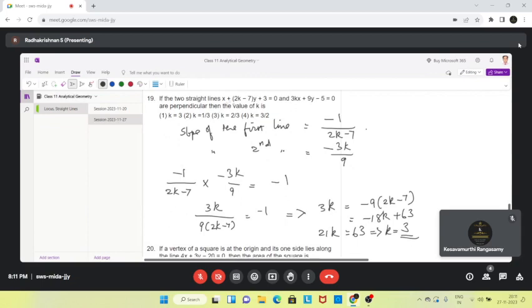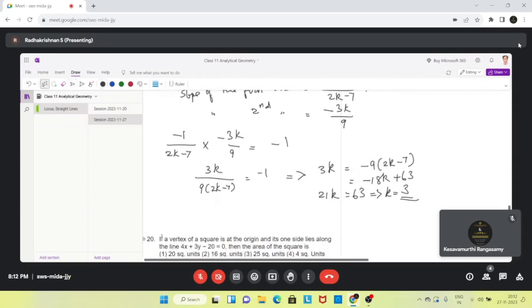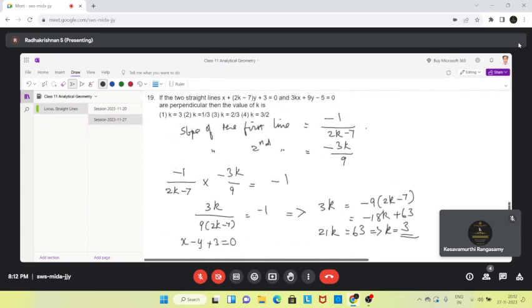Okay. So x plus (2k minus 7) y, with 2k minus 7 being -1, so this is simply x minus y plus 3 equal to 0. The other line is 3kx, 9x plus 9y.